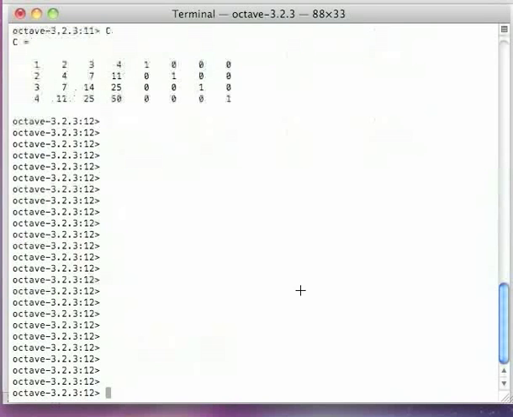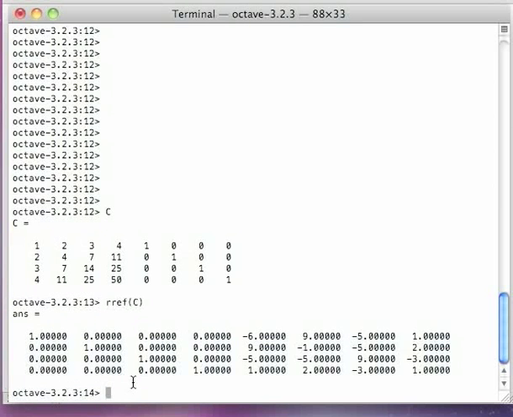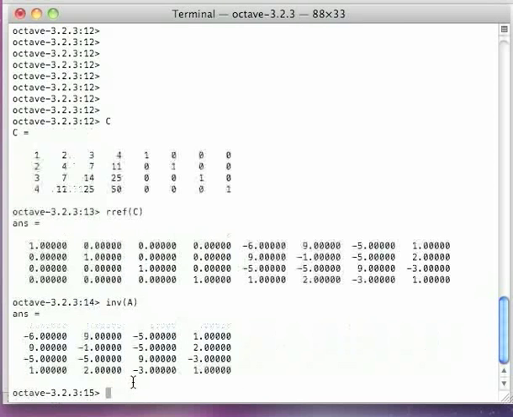So here's the matrix. I called it C, which is really just A and then the identity matrix put on it. So if I row reduce C, right, and compare that with the inverse of A, right, I get the same thing. So we notice this is just the same as the inverse here.